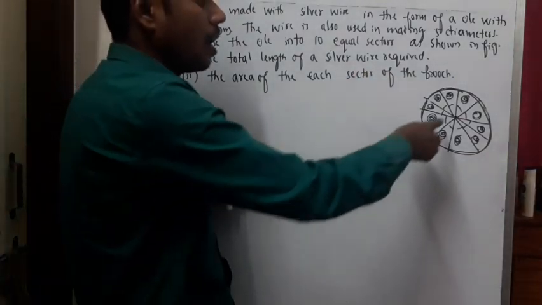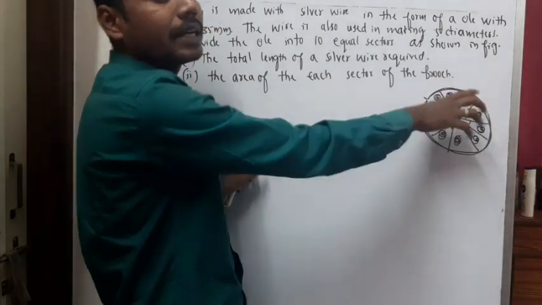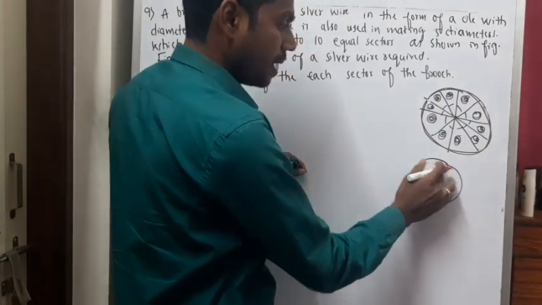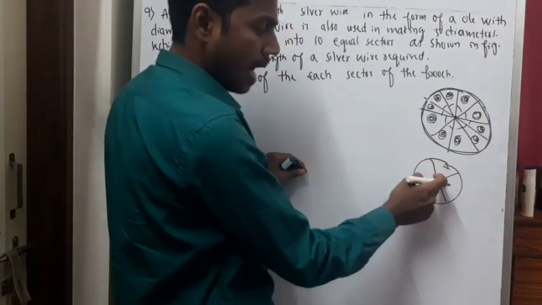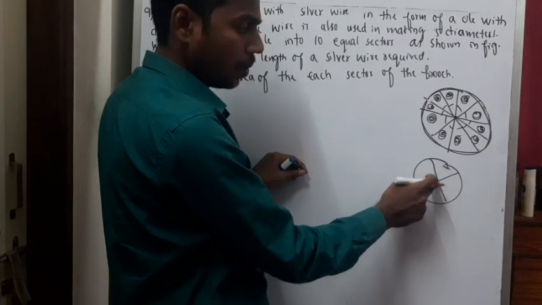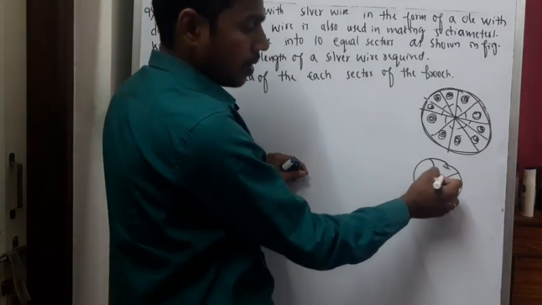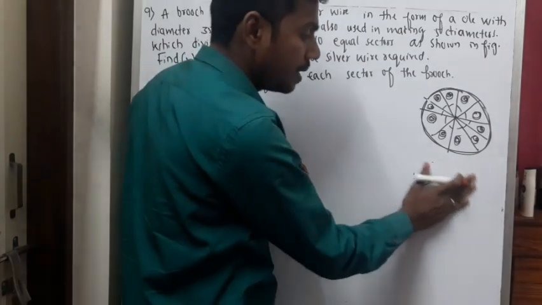And these 5 diameters will divide the circle into 10 equal sectors. See, suppose this is a circle, 1 diameter, 2 diameters. 2 diameters can make 4 equal segments.